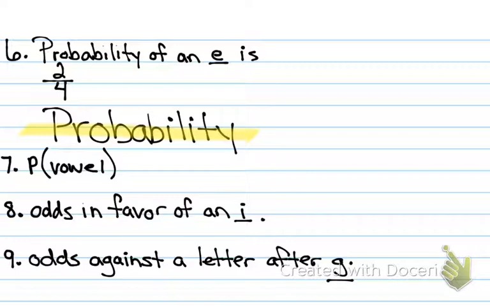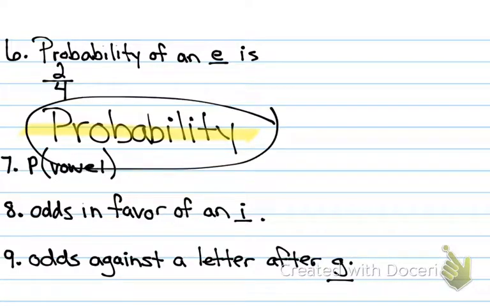Odds in favor of an I in the word probability. Odds against a letter after G in the alphabet. So the sequence, that's in the word probability, not in the alphabet. Make sense? Okay, odds against a letter in this word coming after G in the alphabet.